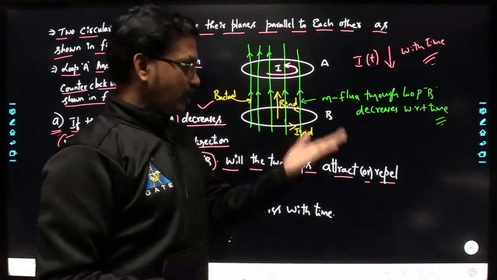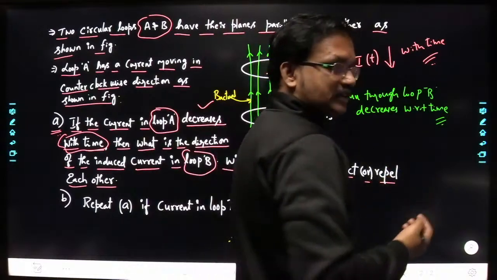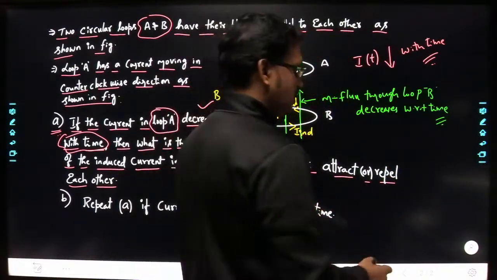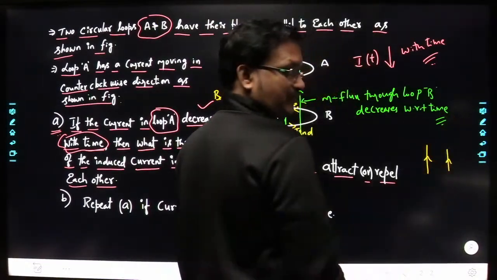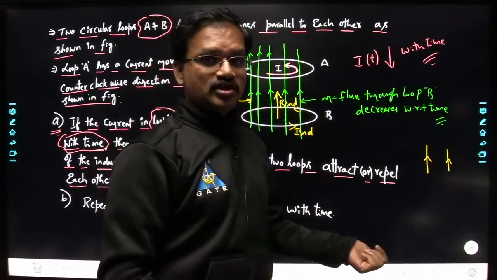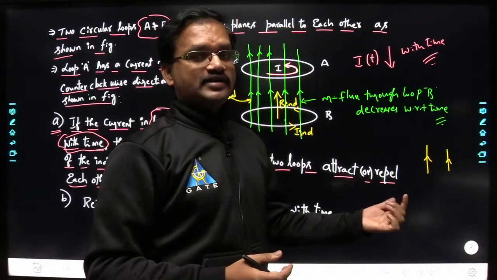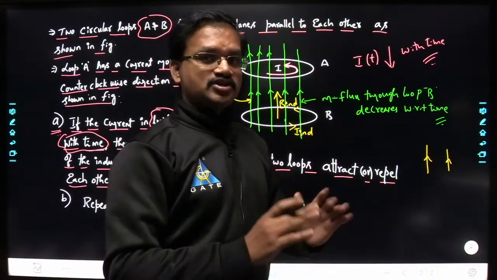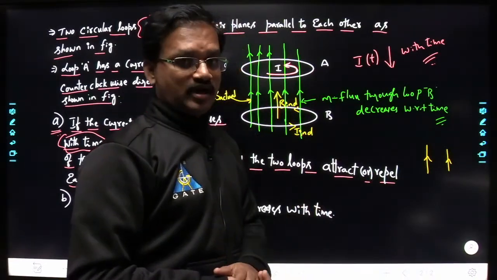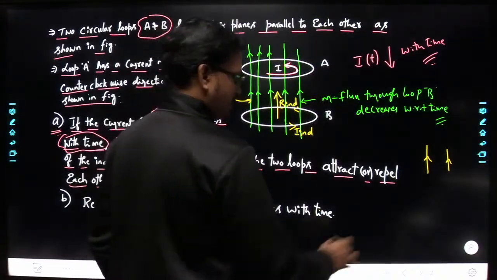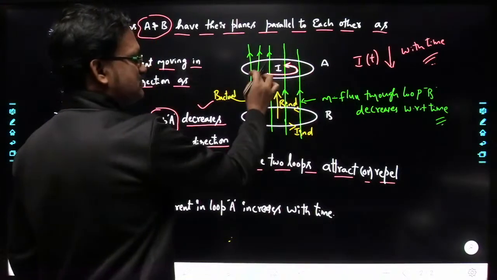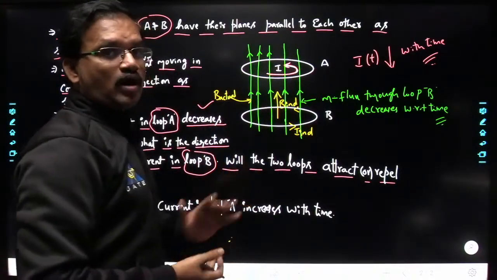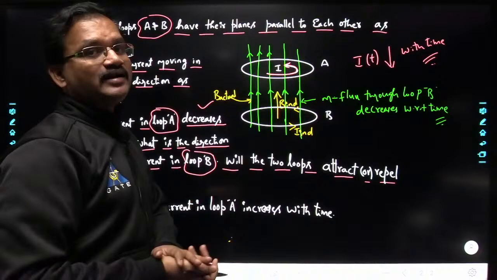We have already seen this while dealing with the Lorentz force equation: two current carrying wires carrying current in the same direction attract each other, and if they carry current in opposite directions, they repel each other. So since these two loops are carrying currents in the same direction, they are going to attract each other.